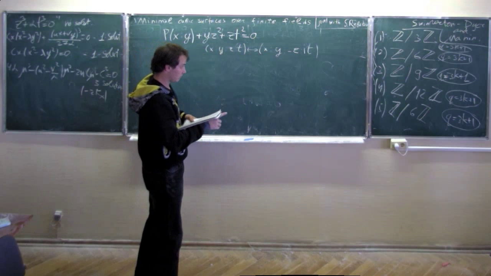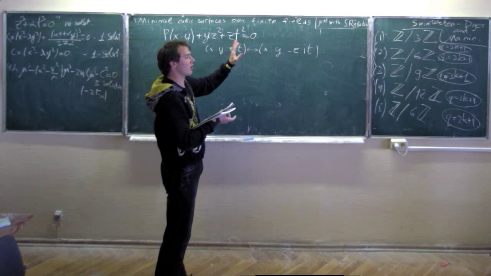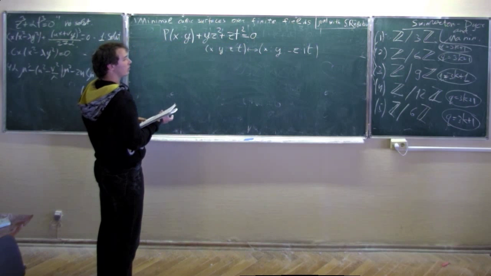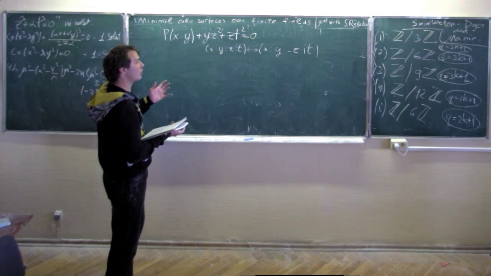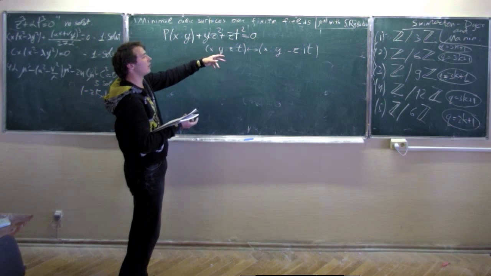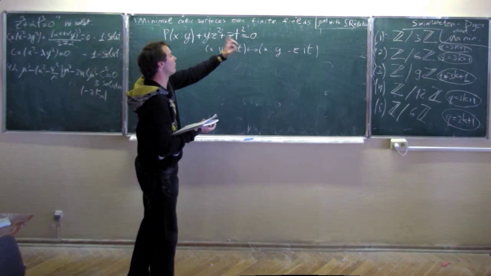Well, at least over F_q squared. Maybe not over F_q, but over F_q squared it is, and over F_q for any q, there is always an element of order 2, which maps t to minus t.